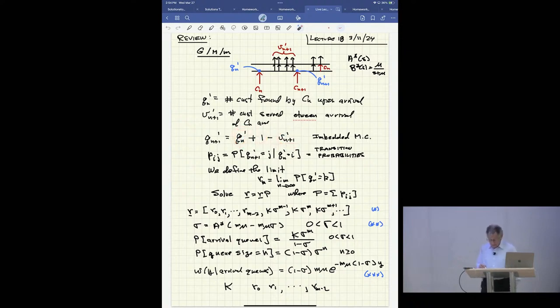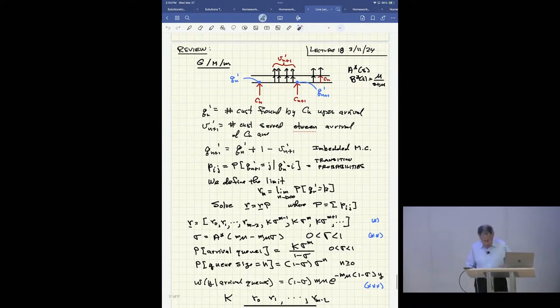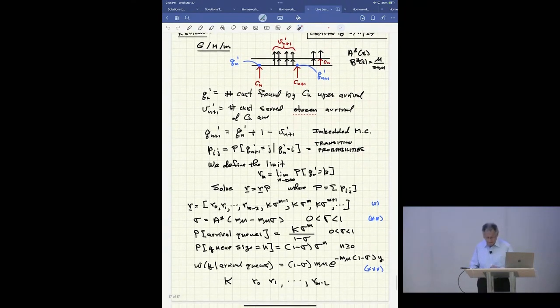And those points, these blue points, when you're measuring how many a customer finds upon his arrival, are a sequence of embedded Markov chain points, which means if you give me the number in system at one blue point, that's all I need about the past to do as good a job as anything else in calculating the number found by the next arrival. So we established that. What's important is to find the transition probabilities between the number found by the next guy given how many were found by the previous guy.